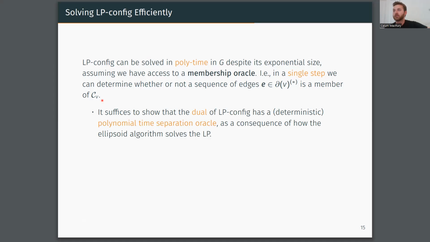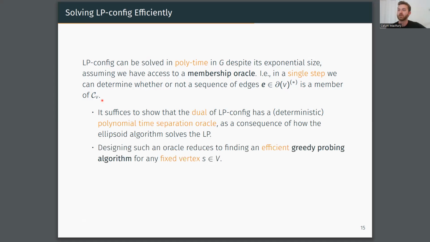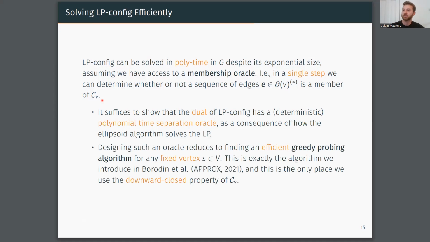The way this goes is we take the dual of the LP, and then we show that the dual has a polynomial time separation oracle. This separation oracle is really due to a previous paper that we wrote from last year's APPROX, and it really reduces to designing a greedy probing algorithm for a fixed vertex.